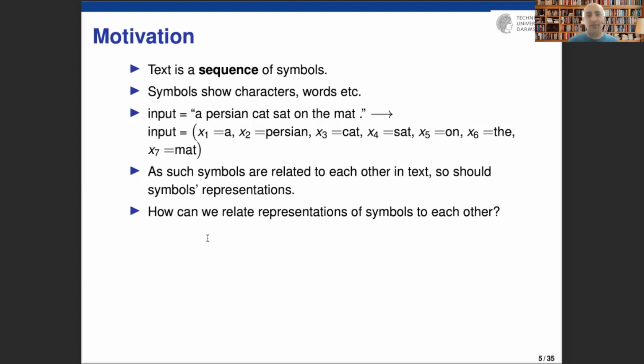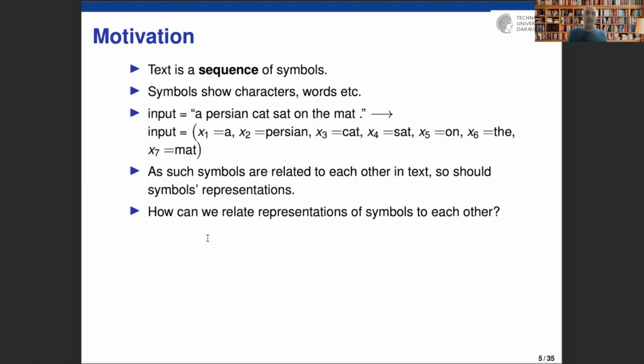Okay, now we can discuss our motivation for having recurrent neural networks, or RNNs. When we look at text, it is usually a sequence of symbols, right? For example, a word is a sequence of characters. So we have a structure over symbols in a text. A sentence is usually a sequence of words.